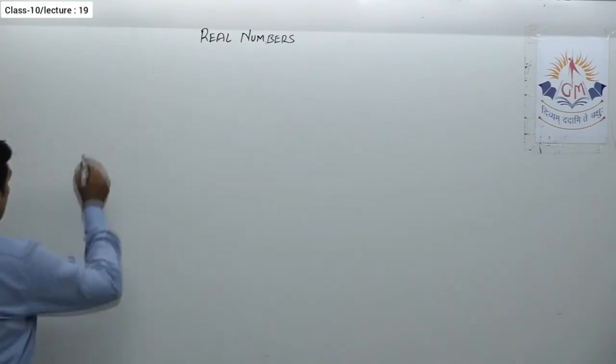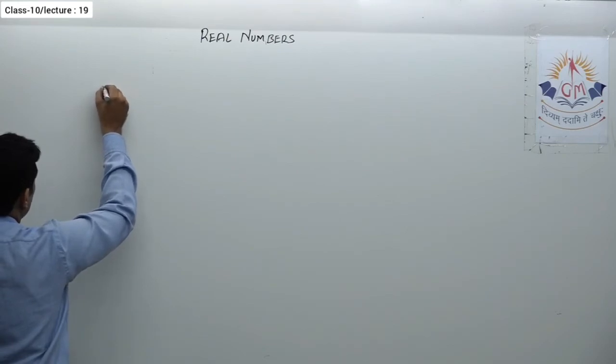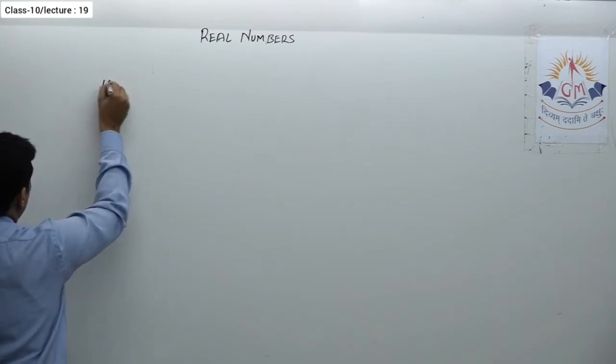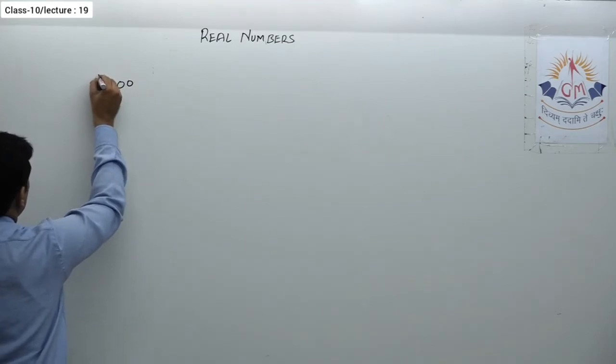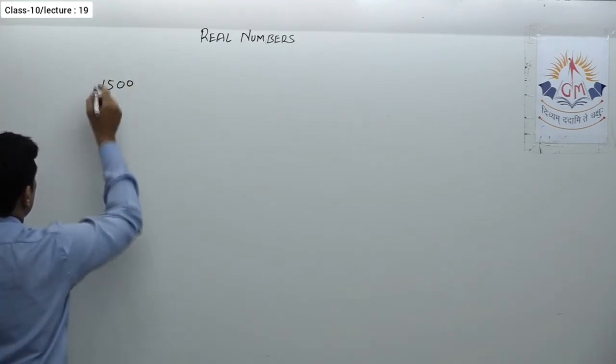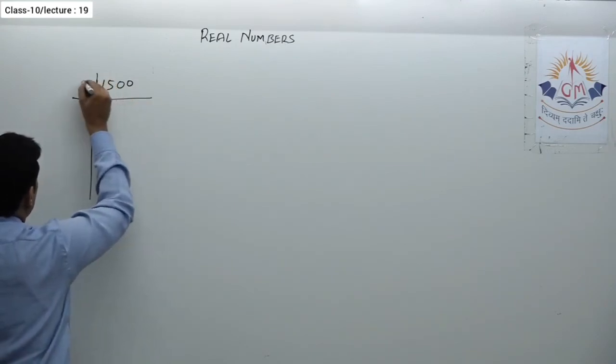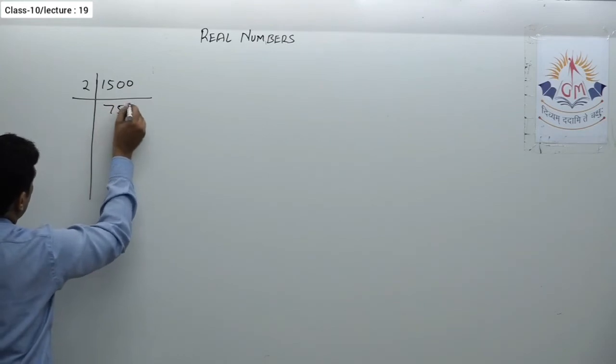Suppose this time I take an example, 1500. Suppose I find the factors of this. I started from 2, so here I will get 750.